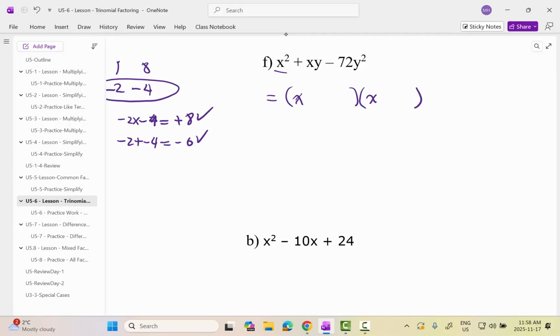Now, the last, the 2 numbers have to multiply to what?